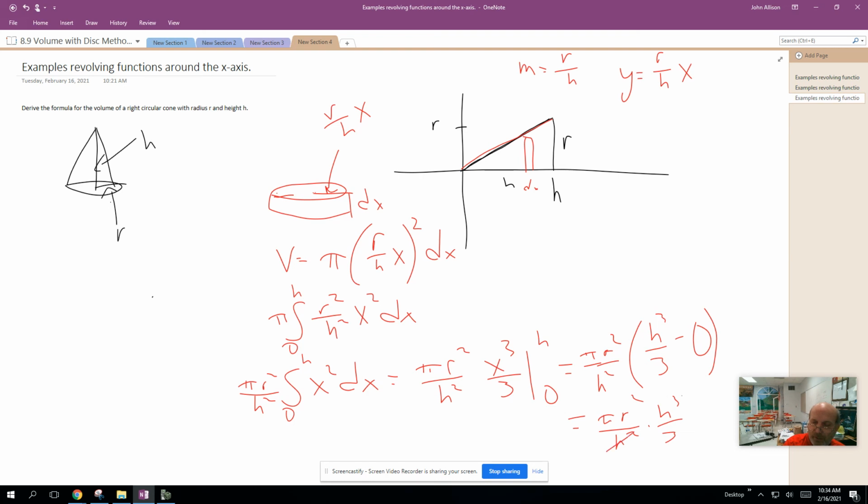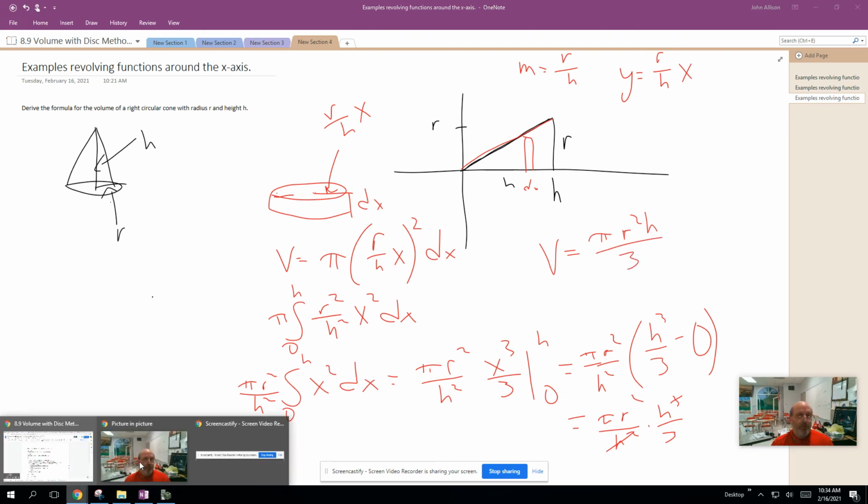Well, the h squared cancels here, leaves me with h, and this ends up with the volume of this cone with radius r and height h being pi r squared times h over 3.